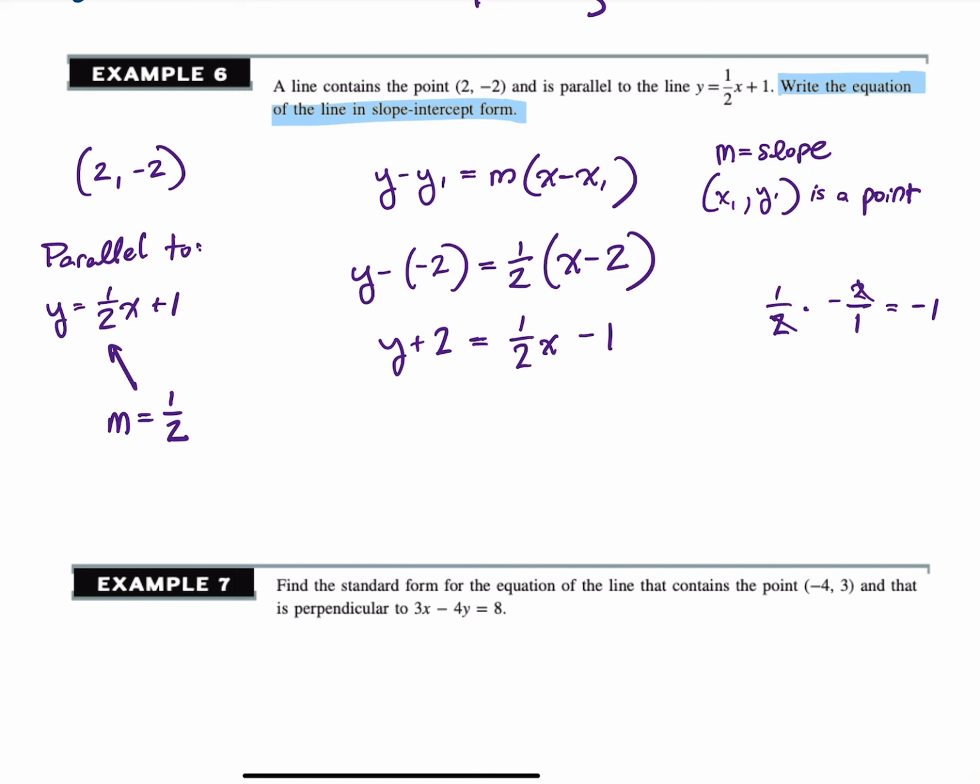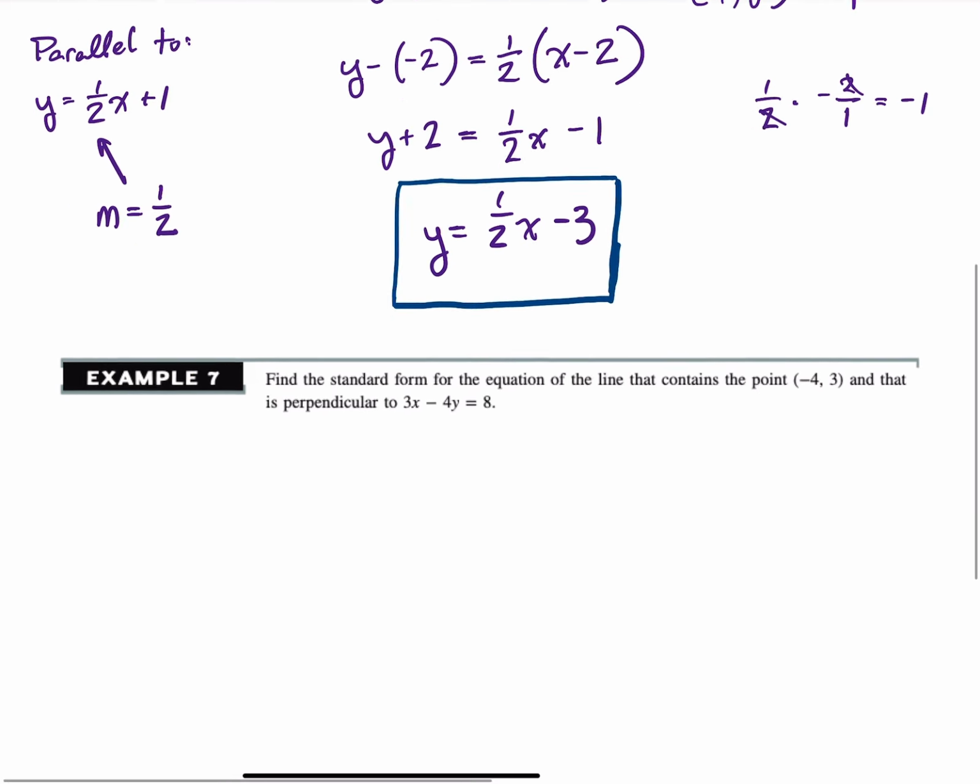So this should become y equals 1/2 x. Negative 1 minus 2 will be negative 3. So we have our line in slope-intercept form. So if you're parallel to some line, you can just steal the slope from that line. It'll be the same. Let's look at a perpendicular example.